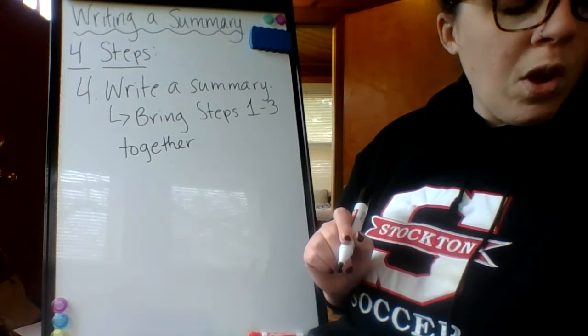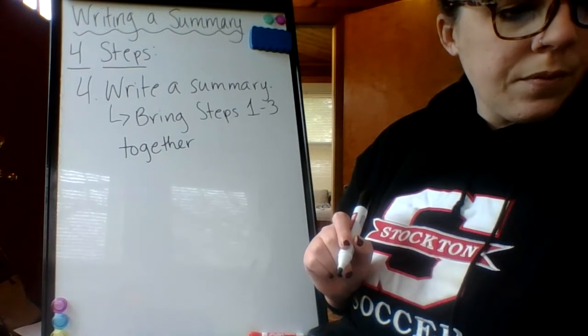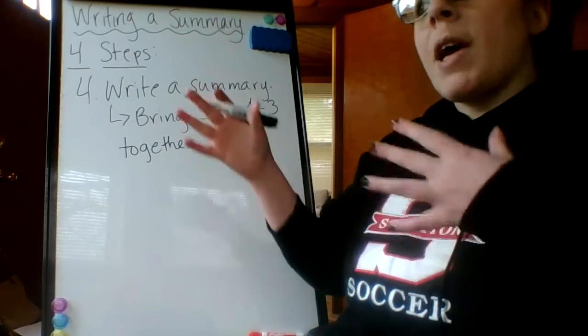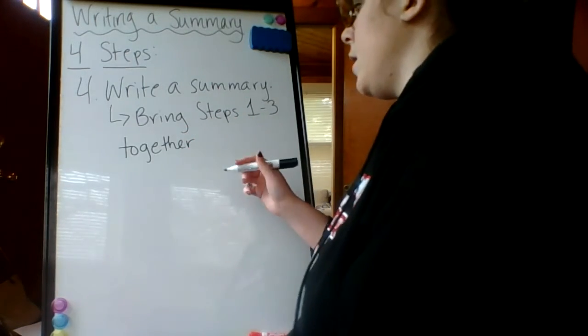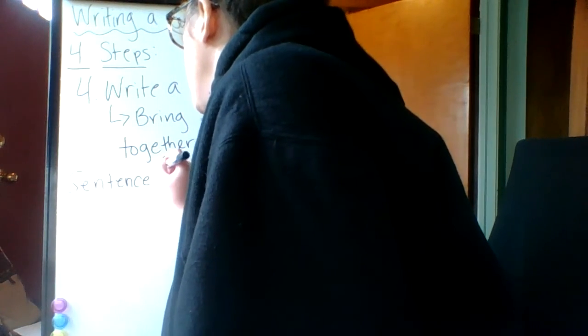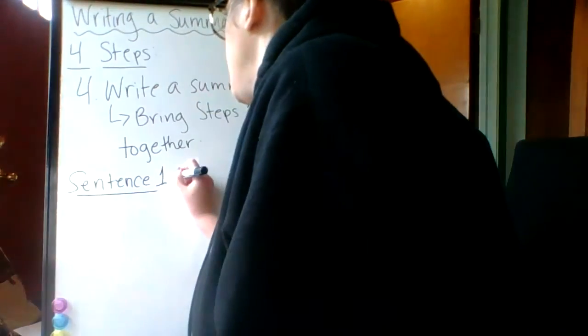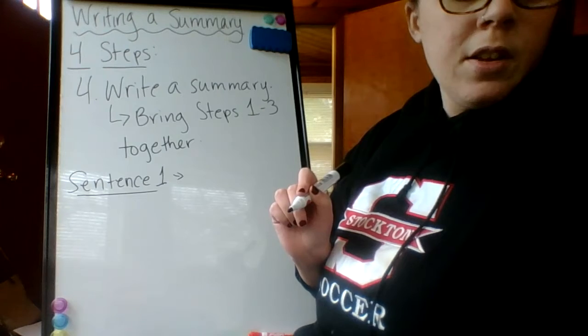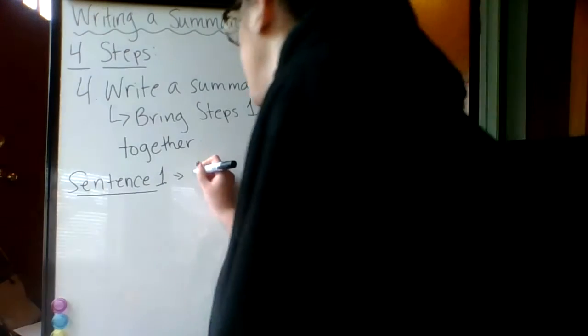So you want to bring 1, 2, and 3 together. And you can think about it in 3 sentences. So sentence 1, you want to introduce the reading. You want to state the title and the author's name.